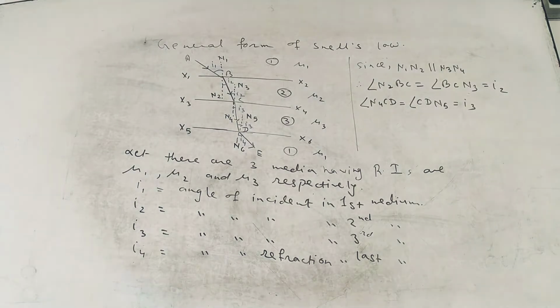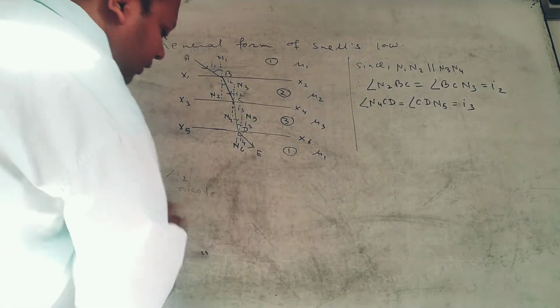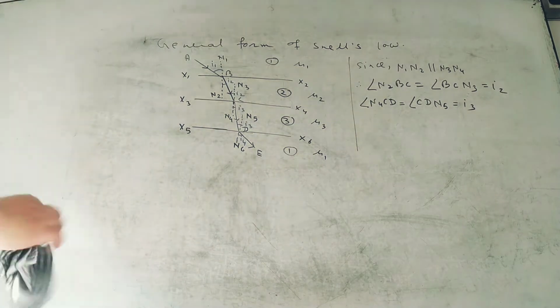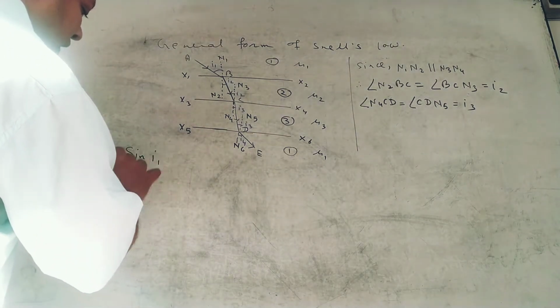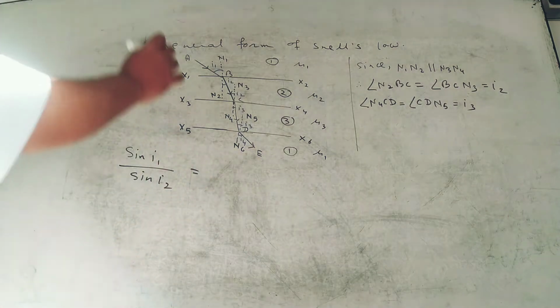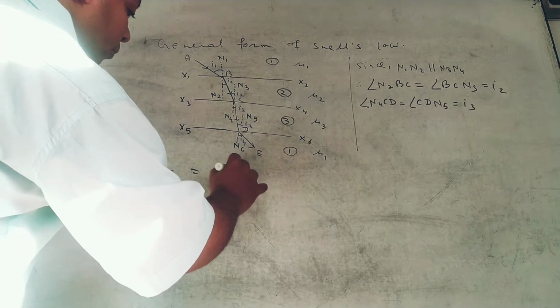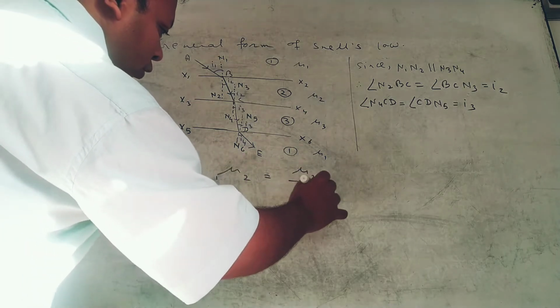Now we can write that sin I by sin R, that is sin I1 by sin I2, is equal to mu 1 to 2, which is equal to mu2 by mu1.